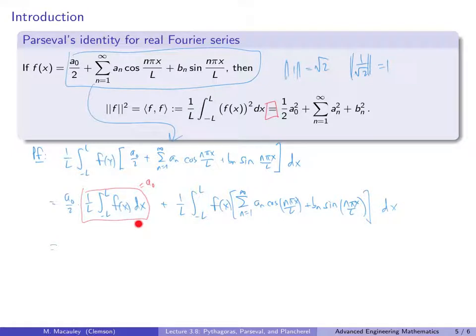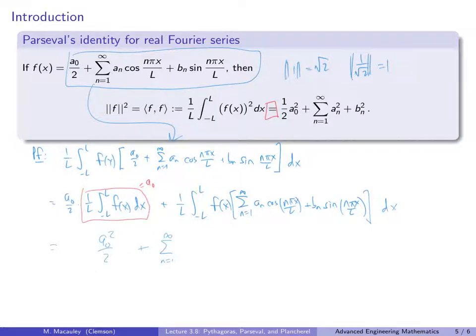Well, I've already said that this is a naught squared over 2. But now I'm going to write this as the infinite sum from n equals 1 to infinity of, what else can I do? I have to be careful here.